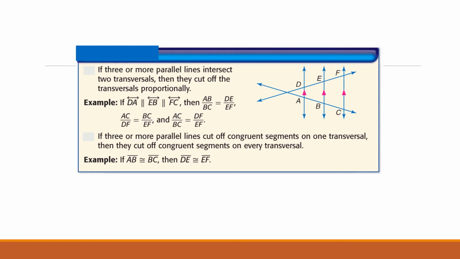Now, this also applies to just lines. If you have three or more lines that are intersecting two transversals, such as you see in that picture, then they cut off the transversal proportionally.